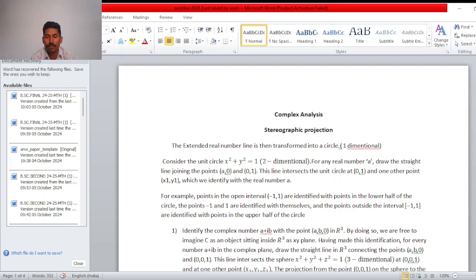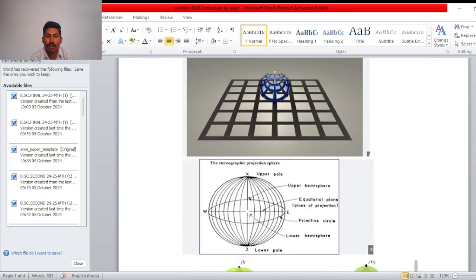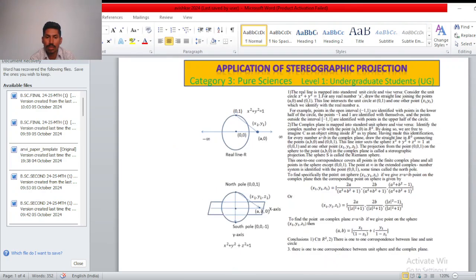How does it graphically look? See, here is my point a comma 0, and here is 0 comma 1, the north pole, and this is the standard equation of circle x square plus y square is equal to 1.